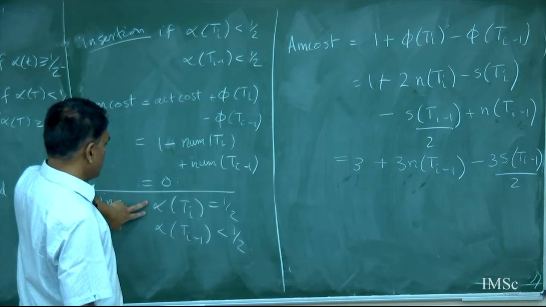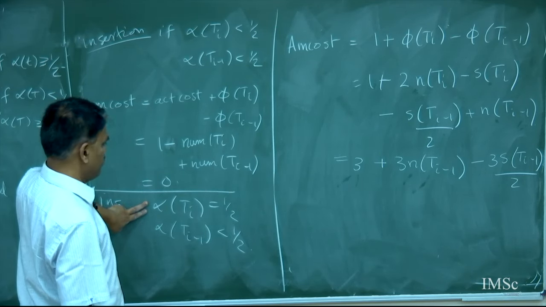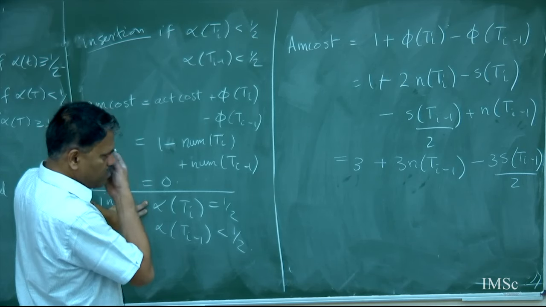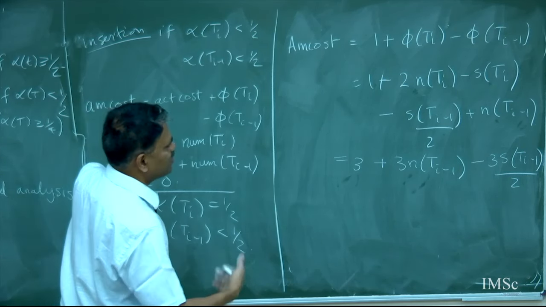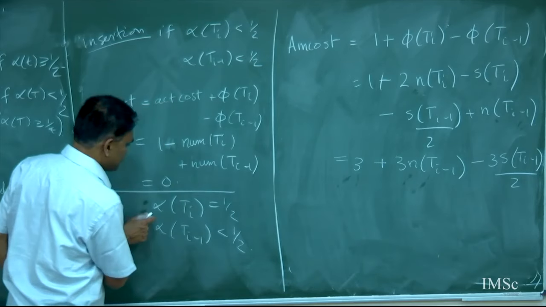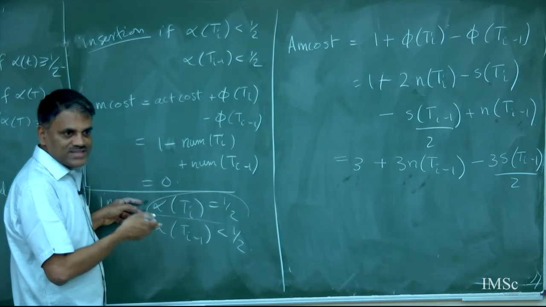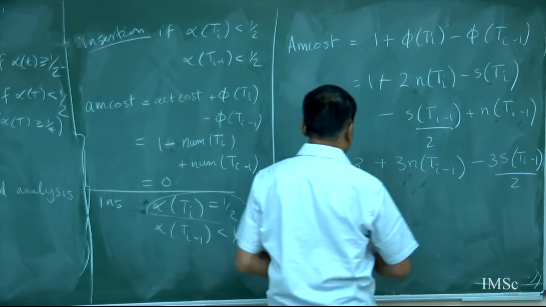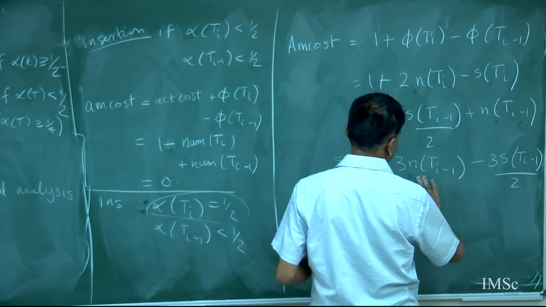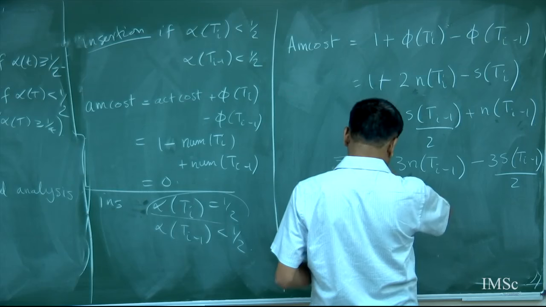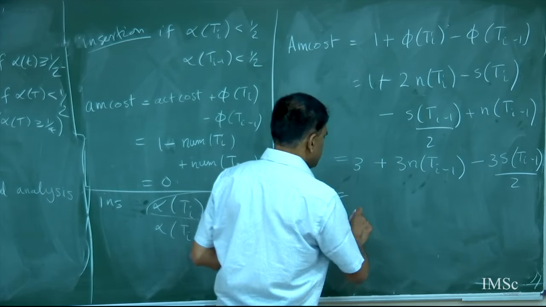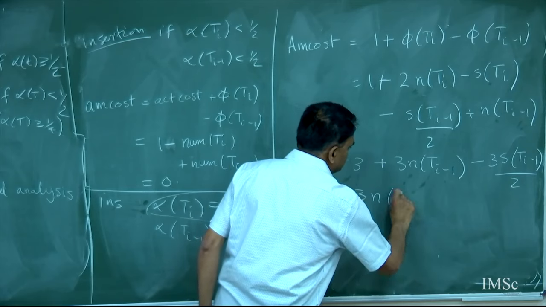Alpha of Ti is exactly half. I wish I had used Ti. Let's go to Ti, because I want to use the relationship between the size and the number of elements on Ti. So this is 3 times n of Ti.